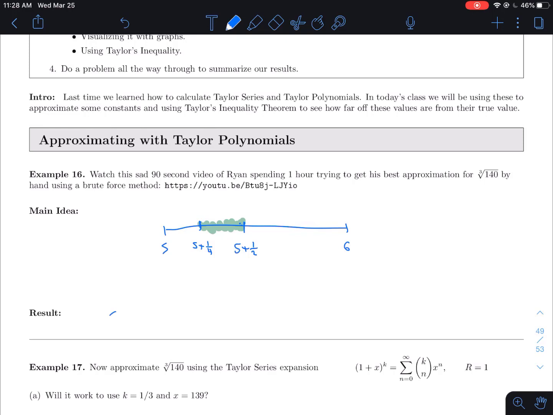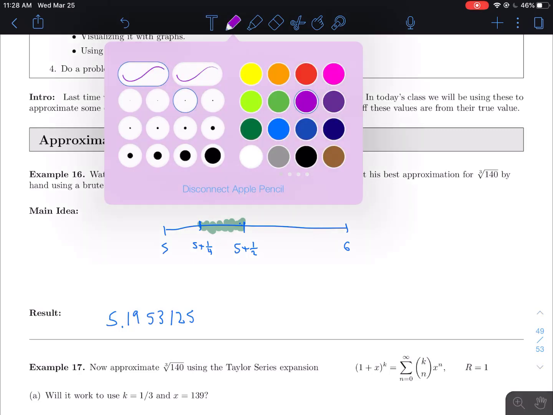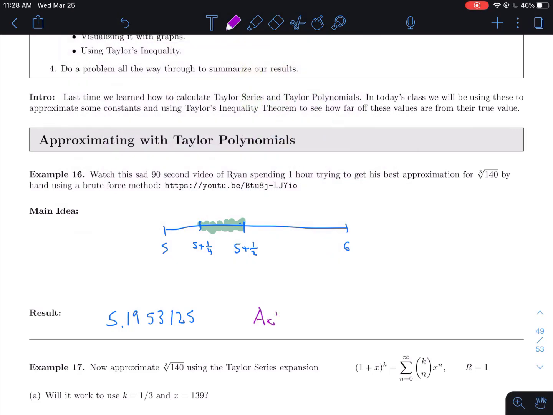I have it pulled up here: 5.1953125 was the result. And the actual answer is 5.19249410, and so on and so forth. 10185 is what I wrote down in the video.